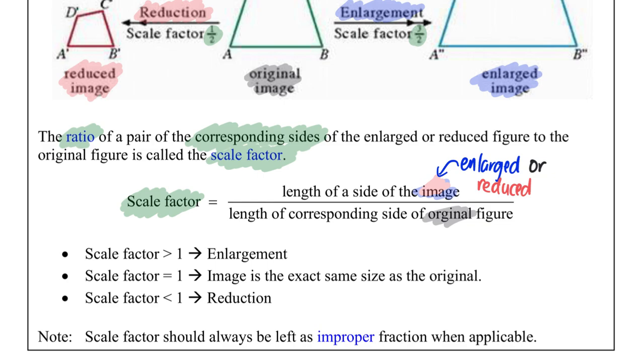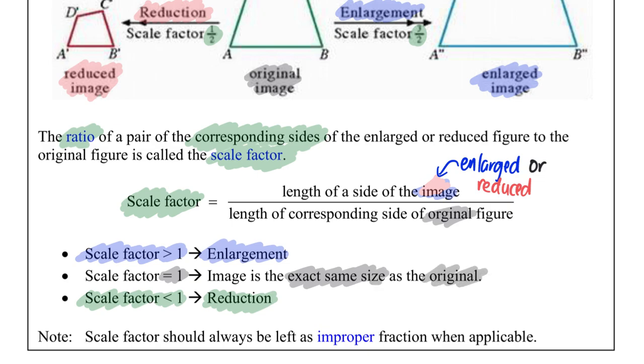One last thing to take note of is that if the scale factor is more than one, it is an enlargement. But if it is less than one, it is a reduction. If it is equal to 1, then it is the exact same size as the original.